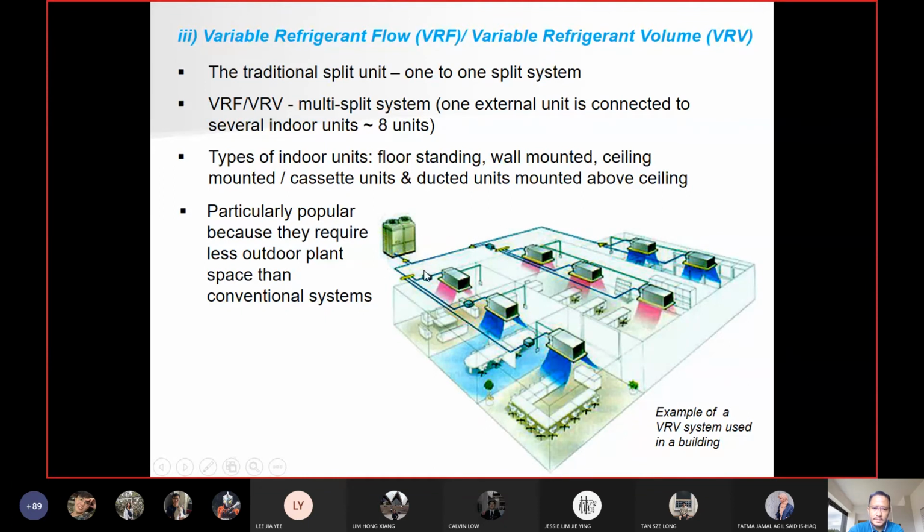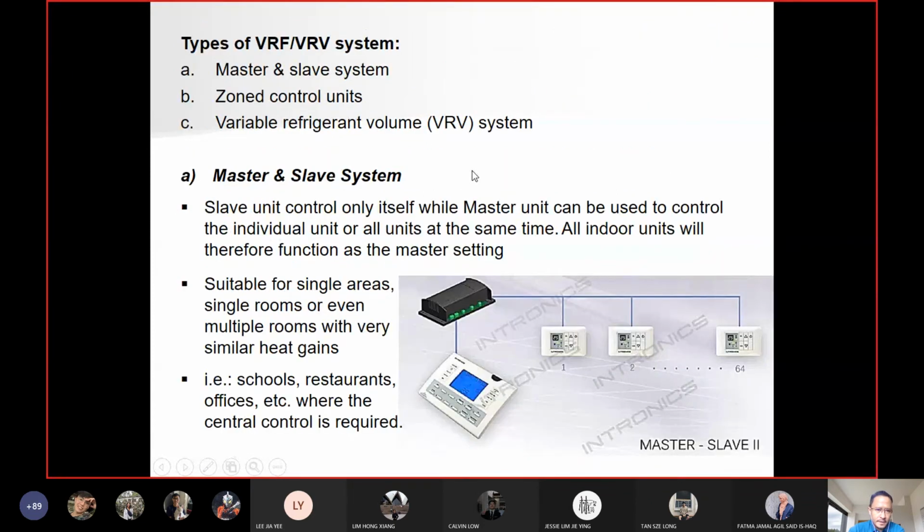If you have space, maybe you can arrange them lah. But if you don't have space to put the outdoor units, then your building might look very ugly, right? So when you have too many outdoor units, this is a good option to avoid that from happening.